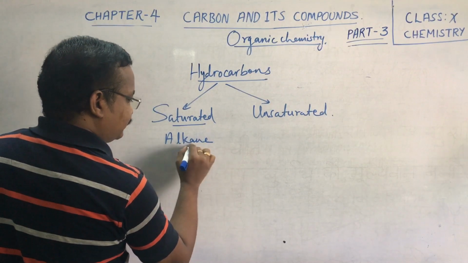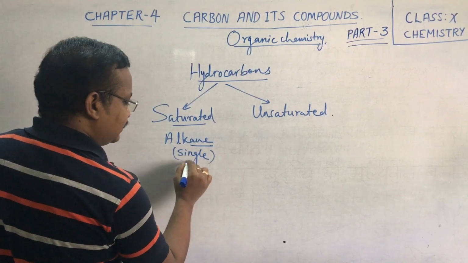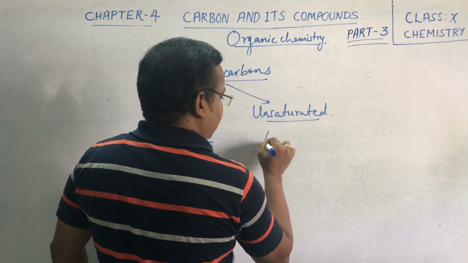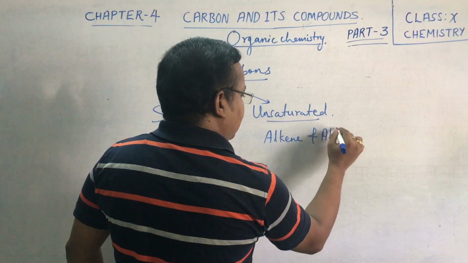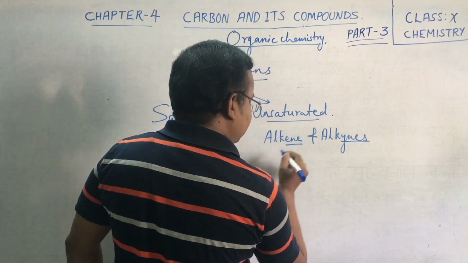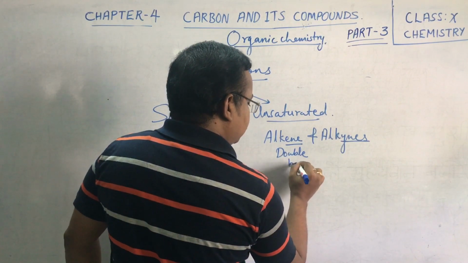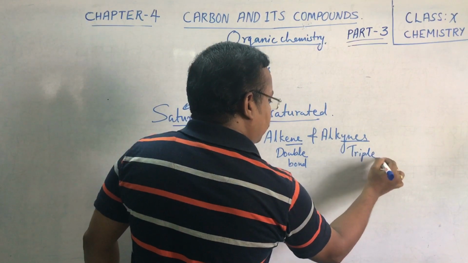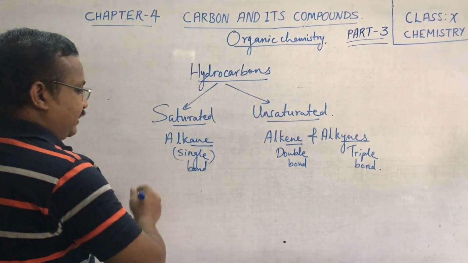Alkane means single bonded. And in unsaturated, we have alkenes and alkynes. This ENE is used for a double bond and YNE is used for a triple bond. Understood? Let me write some examples.